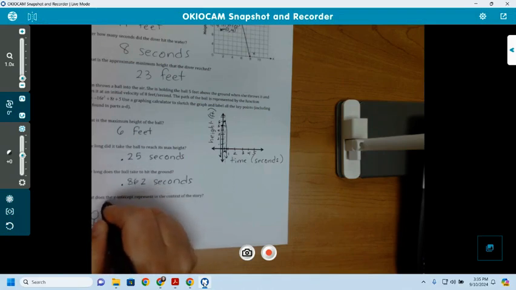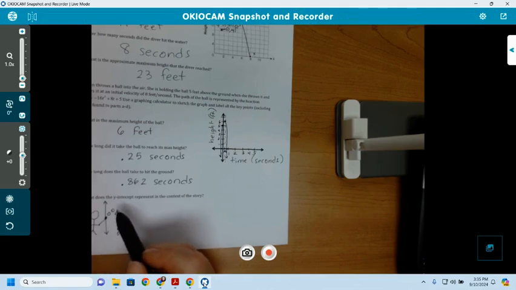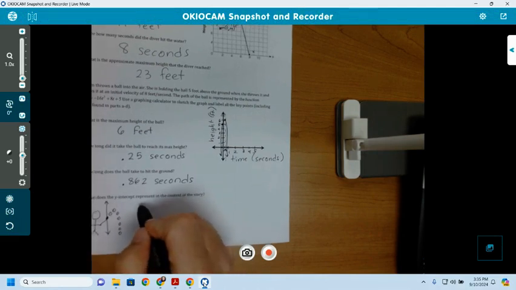So that y-axis goes through. The y-axis shows where x is 0. The y-intercept is where they release the ball. So how do we write that?